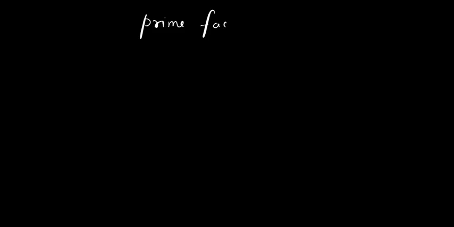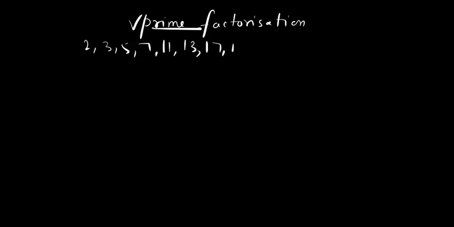factorization. So here we know prime numbers, that is 2, 3, 5, 7, 11, 13, 17, 19, 23, 29, etc. And factors we know. Factors are nothing but the reasons or causes.